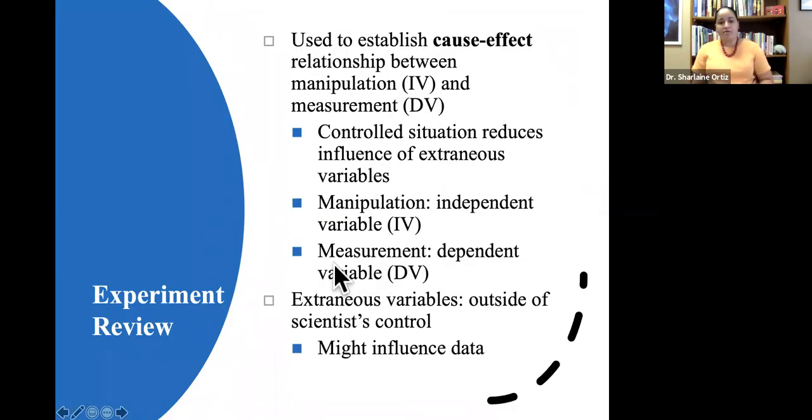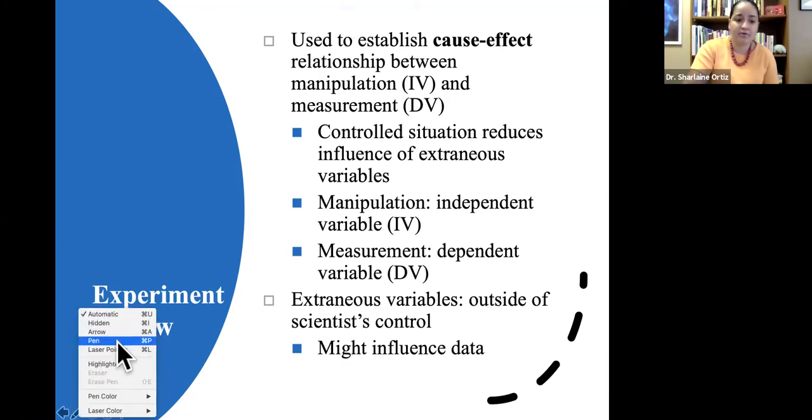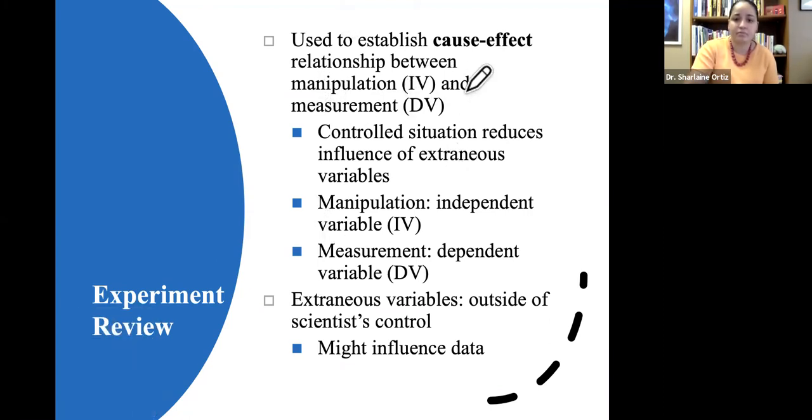Now, something important that we need to cover is an experiment. One of the first things that I need to make sure is relayed to the audience is that the point of an experiment is to ascertain and establish whether or not there was a cause or effect in the relationship between an independent variable and the dependent variable.